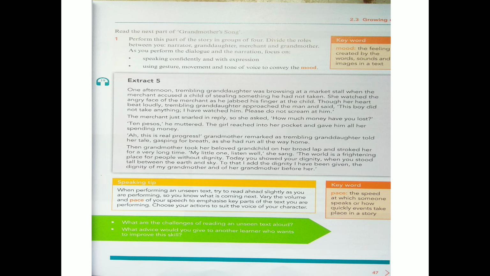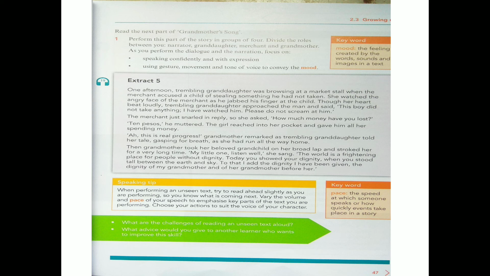Okay, so there you go on to the next page, page 47. Read the next part of grandmother's song. Perform this part of the story in groups of four. Divide the roles between you: the narrator, the granddaughter, the merchant, and the grandmother. As you perform the dialogue and the narration, focus on speaking confidently and with expression, using gesture, that is, actions, movement, and tone of voice to convey the mood.